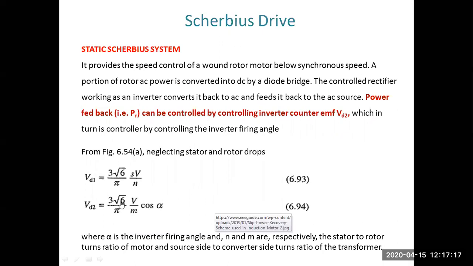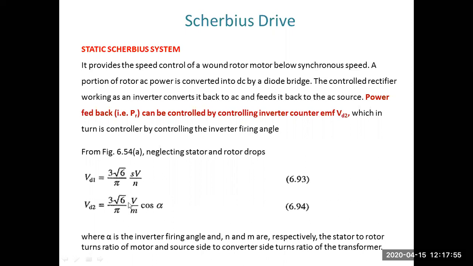Now we are keeping the S here. V and V are also cancelled, so we keep S here and transfer this m to the right hand side. So by cancelling this voltage expression, 3 root 6 upon 5 and 3 root 6 upon 5, the only expression left is S upon n plus V upon m cos alpha equal to 0.